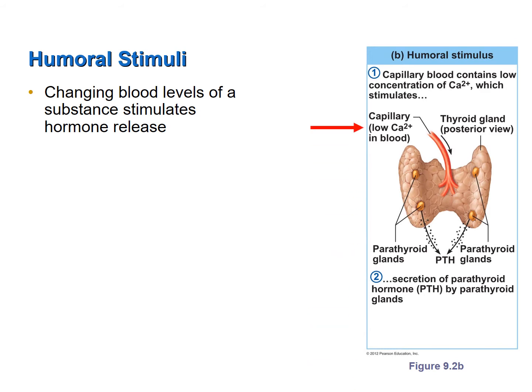When calcium levels drop below the normal range in the blood, this causes cells of the parathyroid glands to release the hormone parathyroid hormone. So here, a change in blood levels of calcium causes the release of a hormone. So this is a humoral stimulus, a change in some substance in the blood.